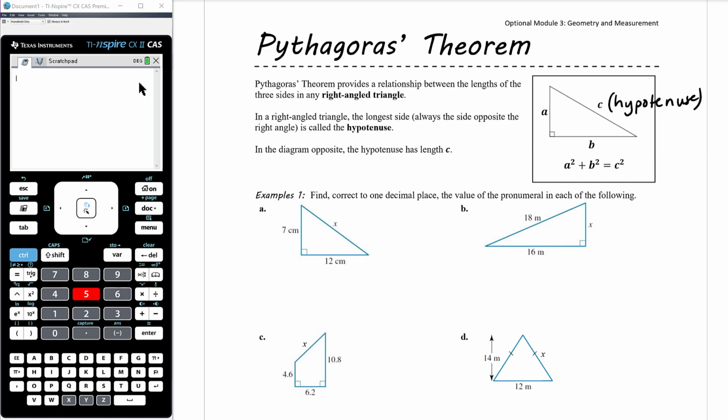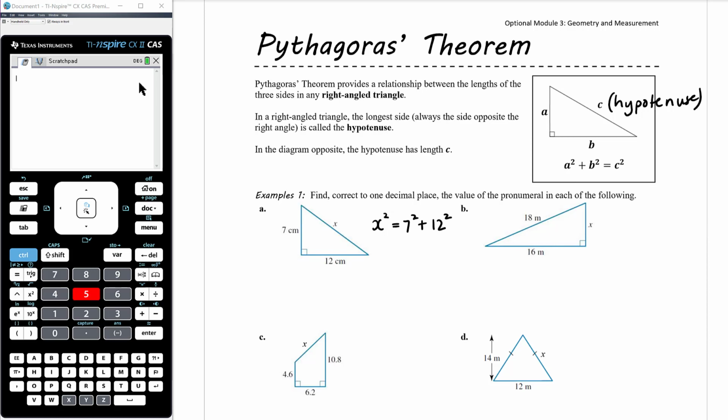Find correct to one decimal place the value of the pronumeral in each of the following. In part A, x, the pronumeral, the unknown quantity, is the hypotenuse. So when we set up Pythagoras' theorem, it's going to be hypotenuse squared on its own equal to the sum of the other two lengths squared.